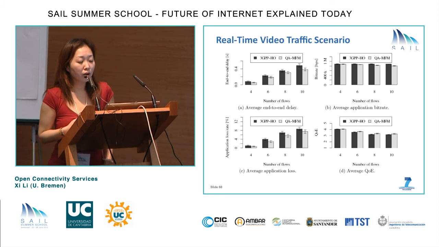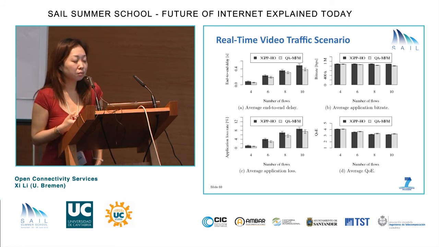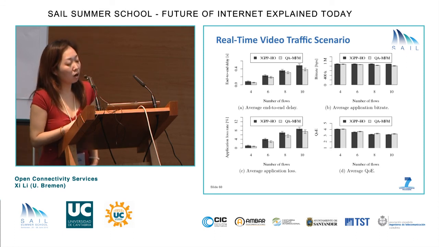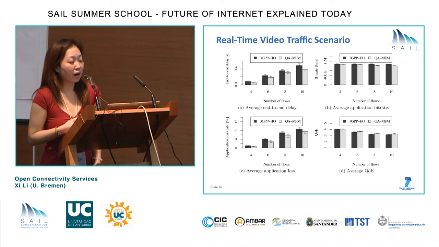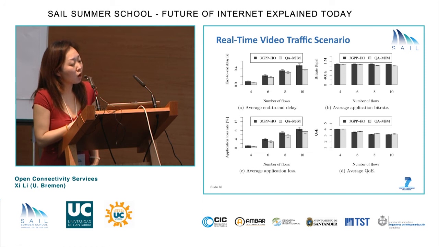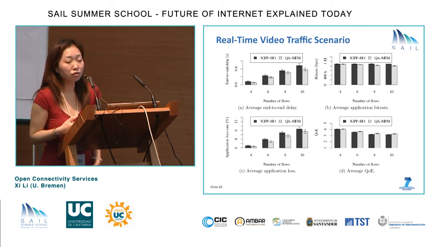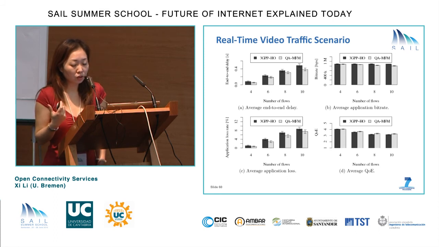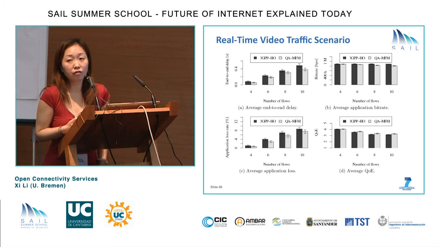With such a scenario, we are first looking at the video application scenario. Here we compare our proposed user-centric approach with the traditional method of 3GPP handover, which means always using the wireless LAN whenever it is available.